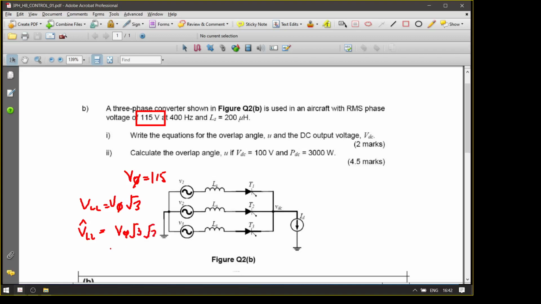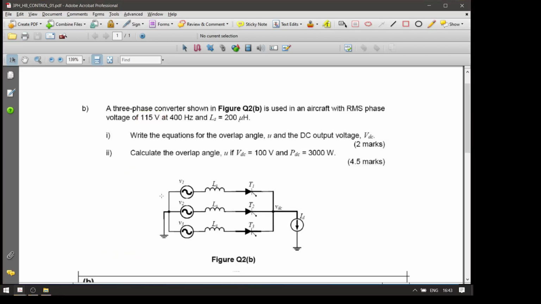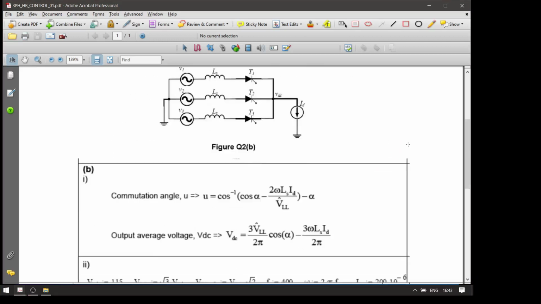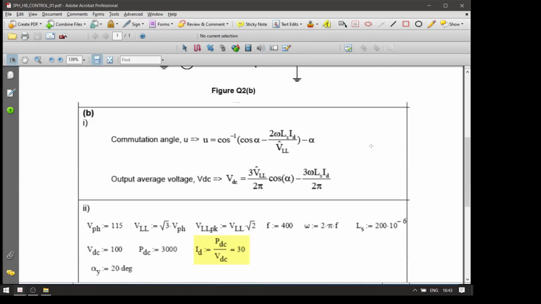To get the V peak line to line. So let's have a look at the marks given. It's only 2 marks and 4.5 marks. It's a straightforward question. Next, that is the solution.